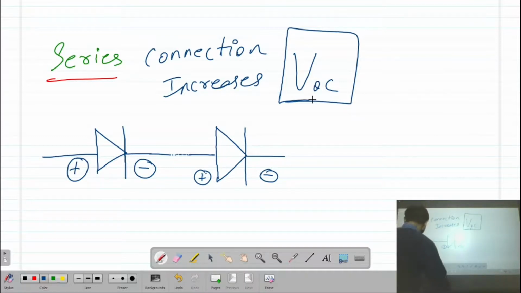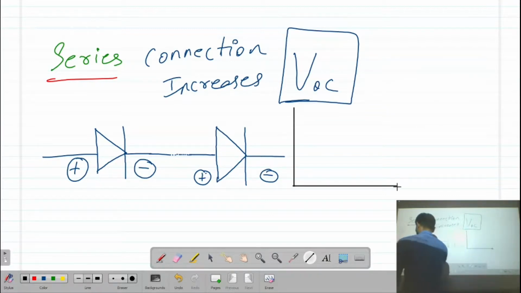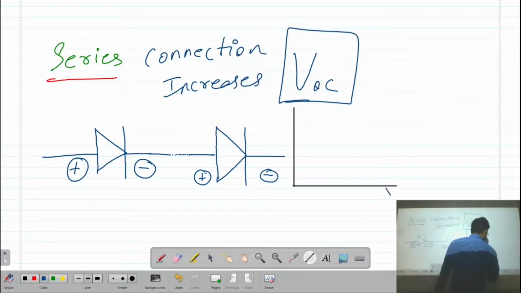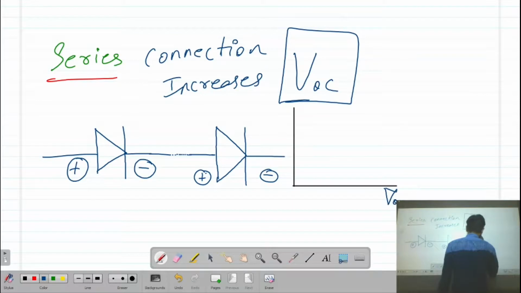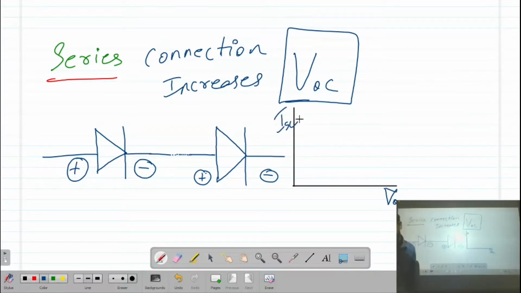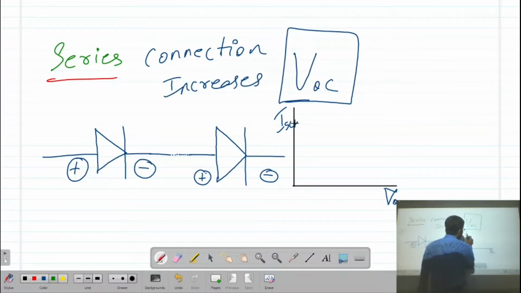Now let us assume that this is VOC and ISC, right? For a single cell, the value may be something like this.